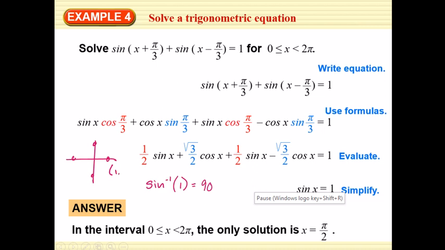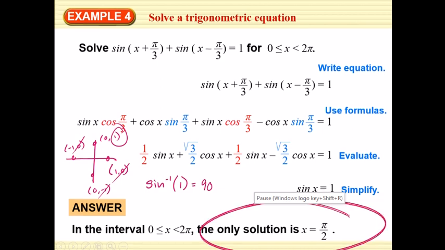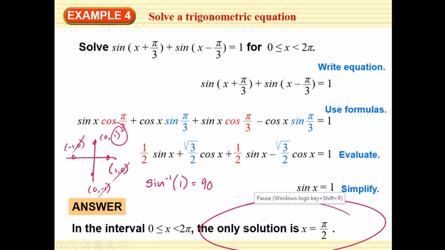So this one is 1, 0, this is 0, 1, this is -1, 0, and this is 0, -1, and you are checking the second coordinate, the y coordinate. So here at 0 degrees, sine of 0 is 0, and here the sine of 90 degrees, or pi over 2, is 1. Here it's 0, here it's -1, so there is only one solution at pi over 2.